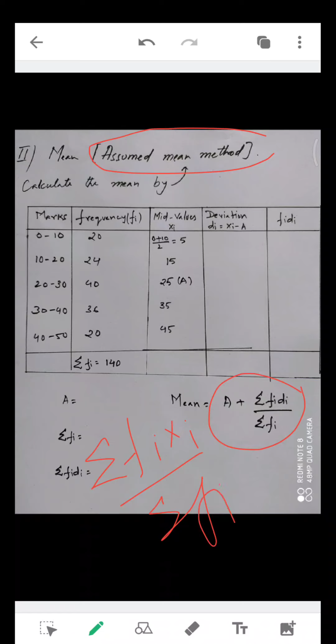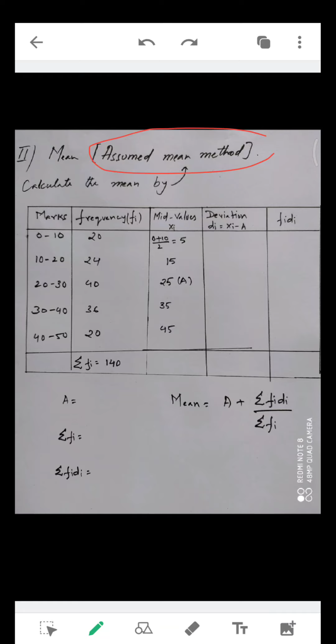But now the formula is changed. You can see what is changed here. Instead of fi xi, we have fi di, and there is a letter a added: a plus sigma fi di by sigma fi. So nothing complicated, you can easily understand, just listen carefully.